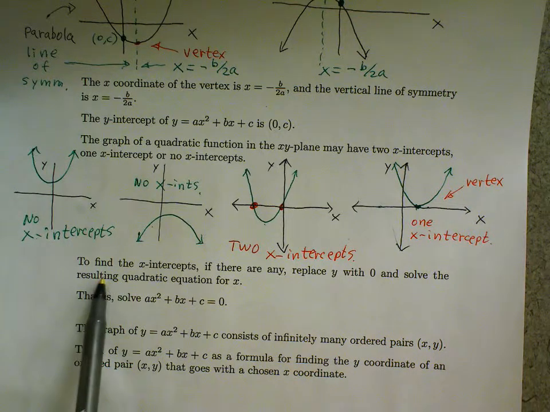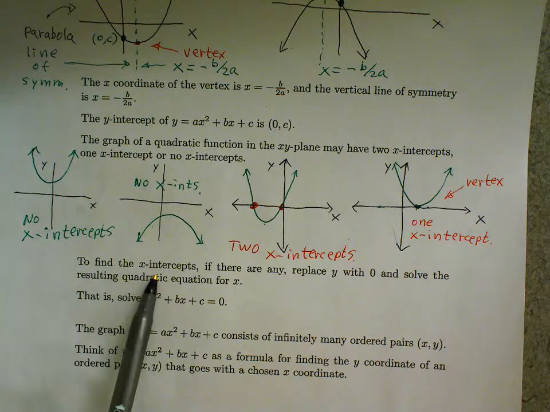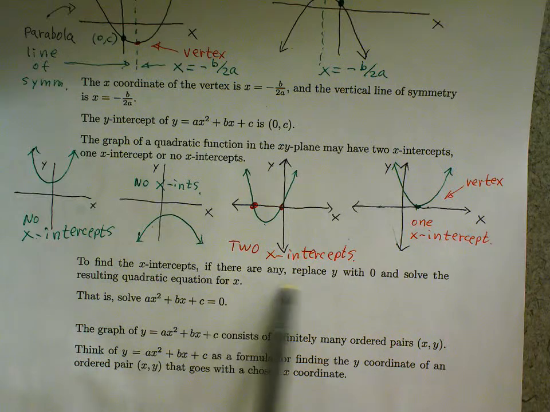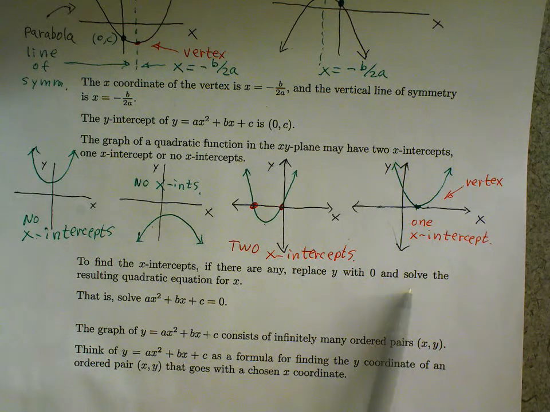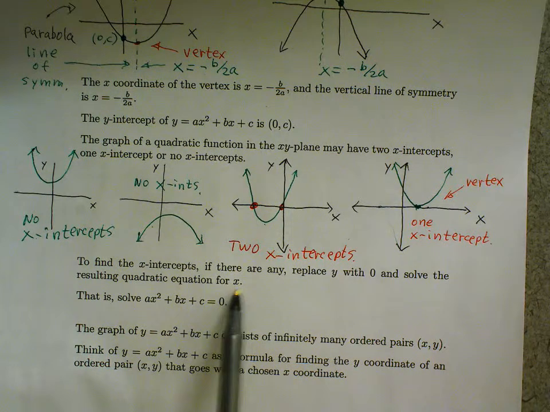So here's a statement. To find the x-intercepts, if there are any, replace y with 0 and solve the resulting quadratic equation for x.